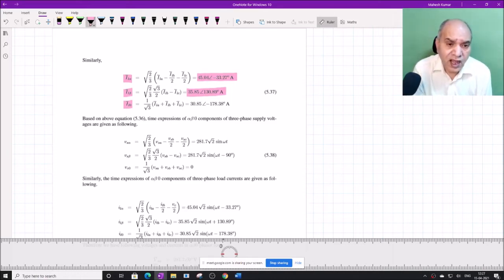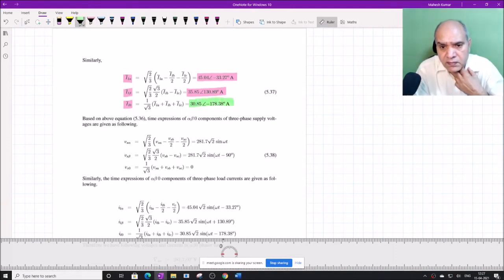Please note here IL0 exists because it is a three-phase 4-wire system. So this zero sequence current flows in the fourth wire. Its value is 30.85 angle of minus 178. It's quite high in magnitude. Theoretically, it must be equal to 0, but it is quite high, comparable with the phase values.